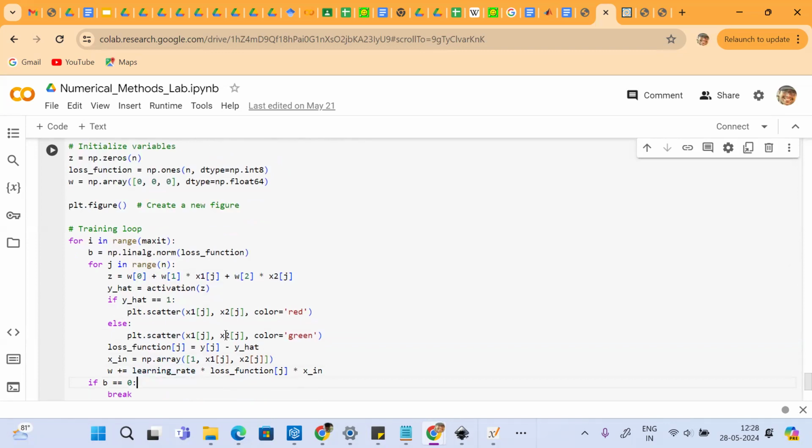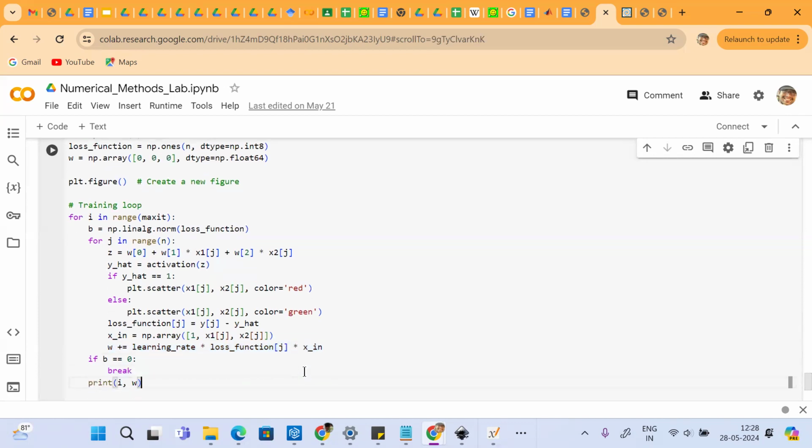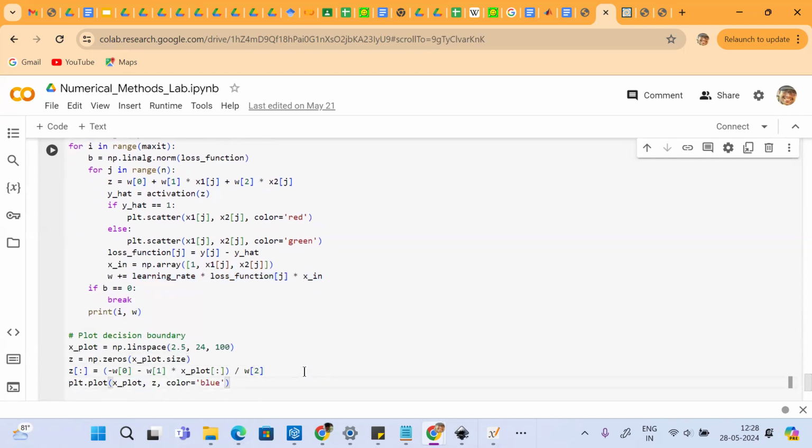Then loss function is determined. Okay. And then this is our algorithm here. Same algorithm, isn't it? Then again, I and W, then you plot the decision boundary, which is this one. Okay. This is the equation of the straight line. You think why is that the case? W transpose X equals 0 in this data set will turn out to be an equation of a straight line. Okay. Fine.